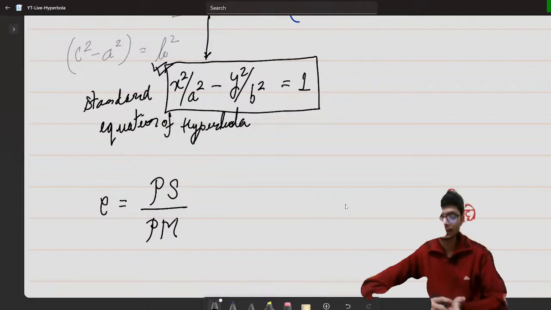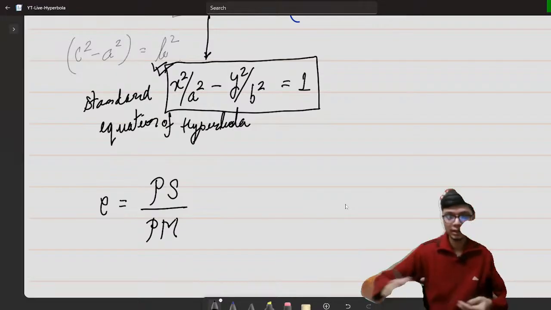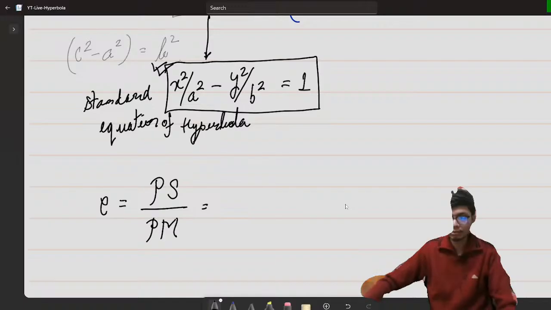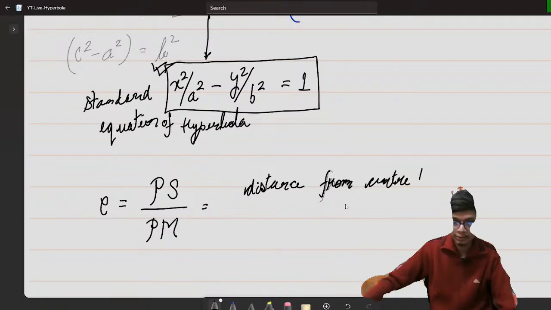That is what we define as eccentricity. So in this case, maybe we can define the distance from center to focus.